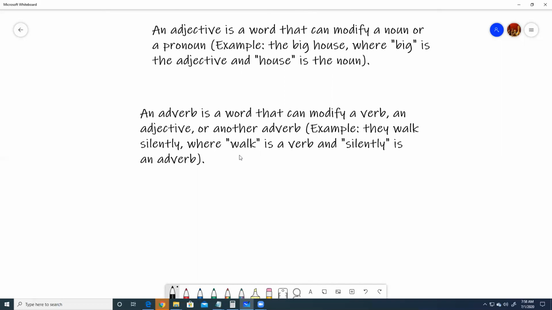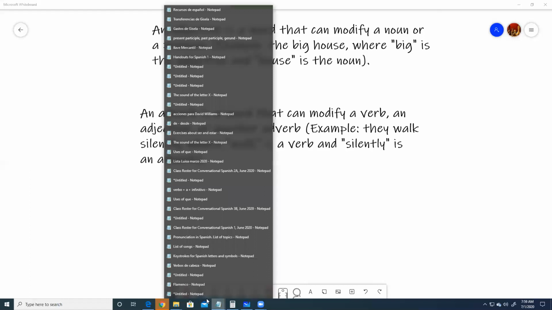Okay. These are the same definitions in Spanish and in English. So an adjective can modify a noun or a pronoun in both languages, and an adverb is a word that can modify a verb, an adjective, or another adverb. Now let's see what happens in Spanish.